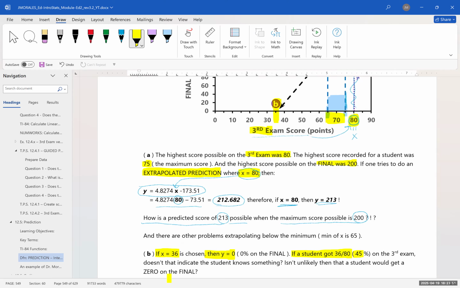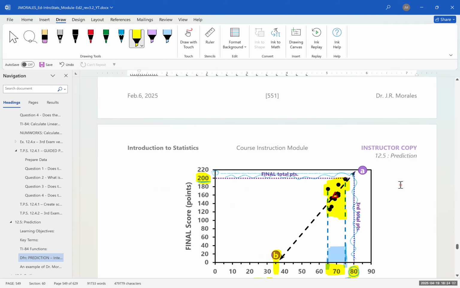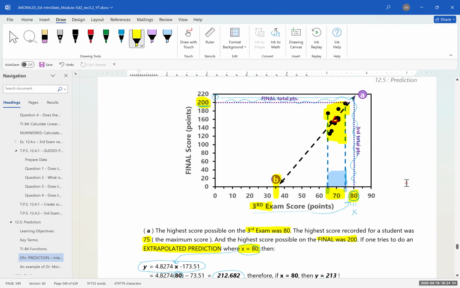So isn't it unlikely then that a student would get a 0 on the final? I mean, the final we're presuming here is cumulative. It's over everything over the semester. And if on the third exam they got some points right, they got 36 out of 80 points, wouldn't they maybe get some of the questions on the final correct too? They would get something and it wouldn't be 0.